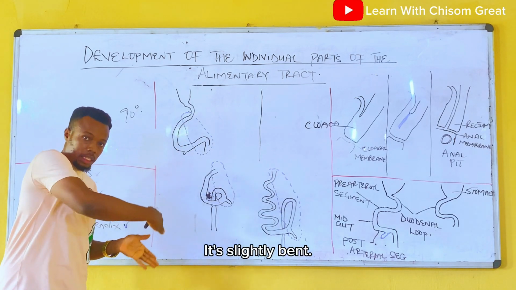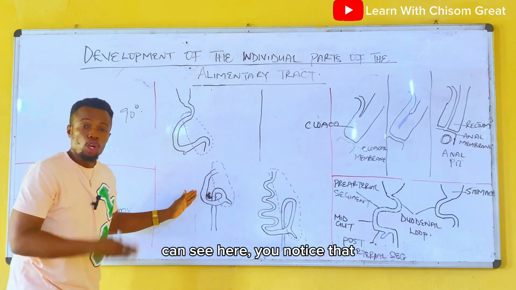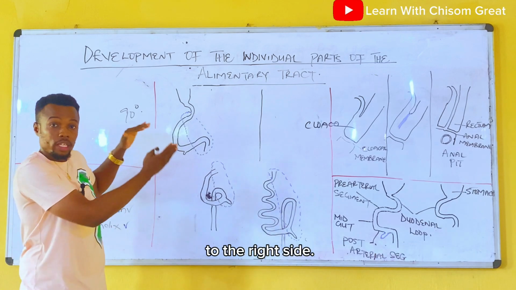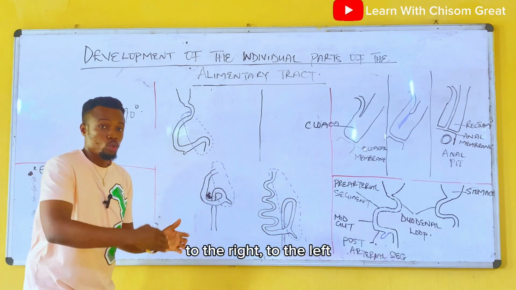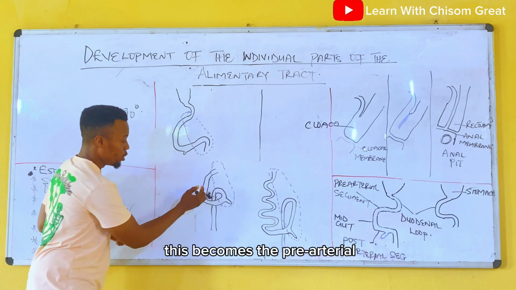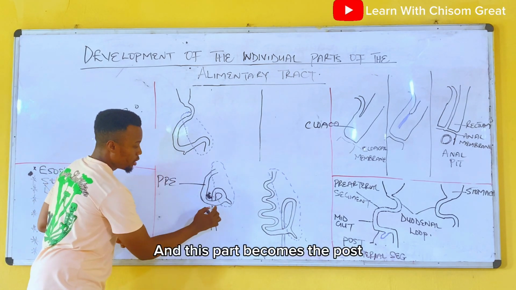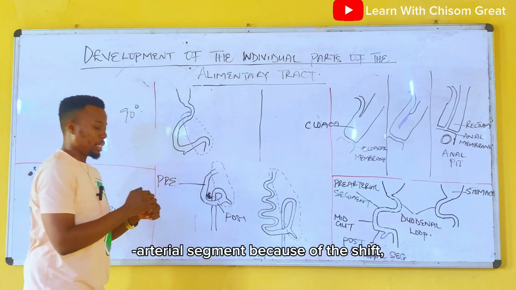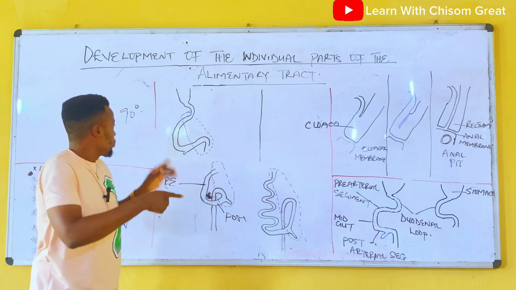It's slightly bent. And as this happens, you notice that the prearterial segments come to lie to the right side, while the postarterial segments come to lie to the left side. So this becomes the prearterial segment, and this part becomes the postarterial segment because of the shift, because of the loop.